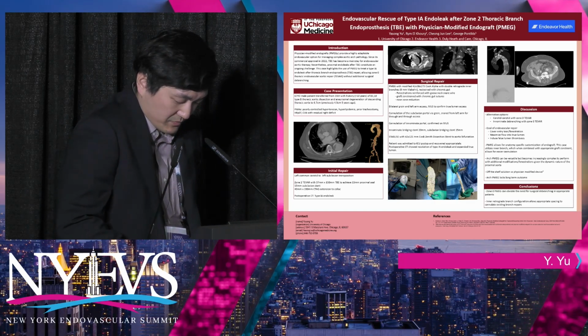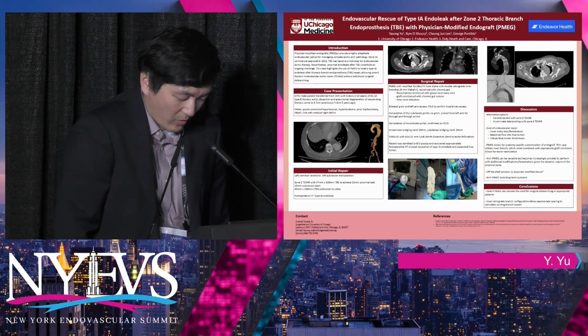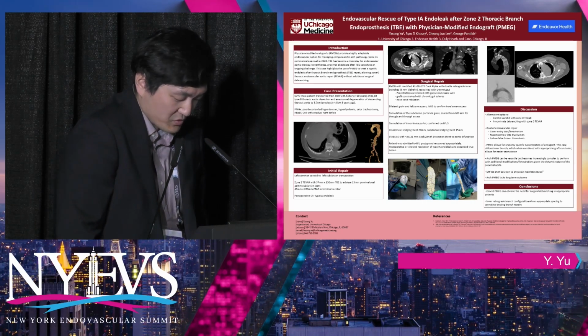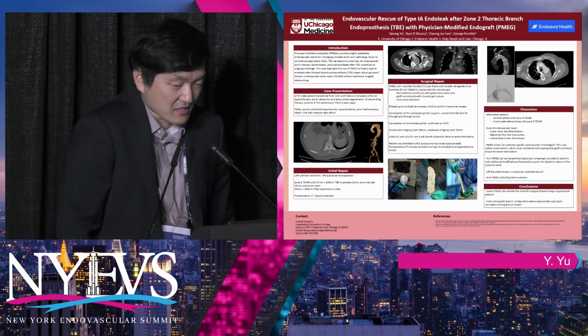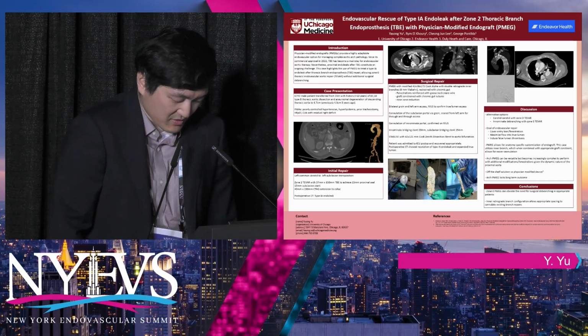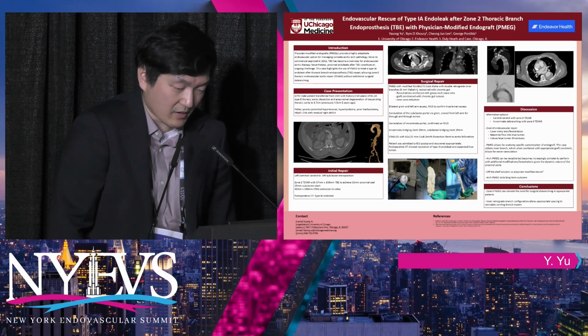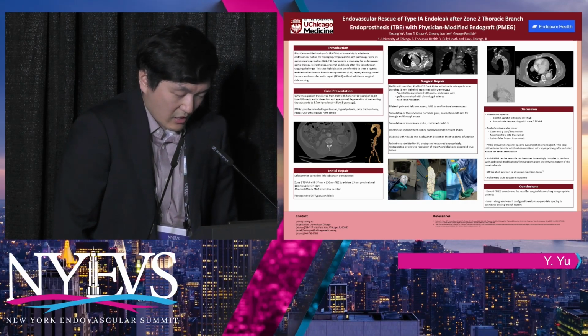So to deal with this problem, we decided to perform a PMEG by modifying a 42 to 38 millimeter Alpha device. We fashioned two retrograde inner branches within the graft using 9 millimeter Viabahn.